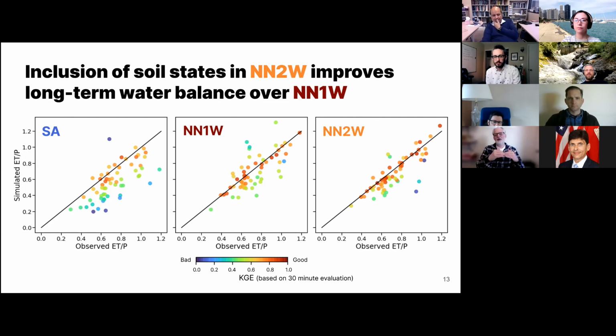This is in my mind an open question of what is the best way to do this, because I imagine we could then train a third neural network with NN2W states and get slightly different results, and hopefully eventually it would settle down, but it gets very computationally costly to train all of these networks. So that's a bit of a tangent, but I hope that helps.